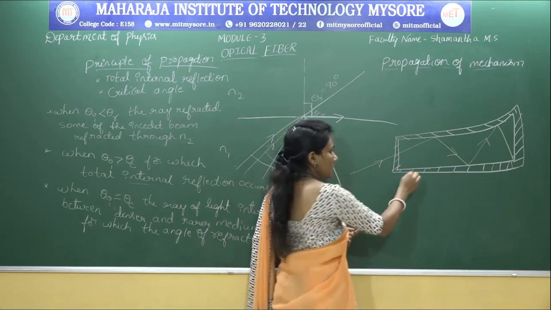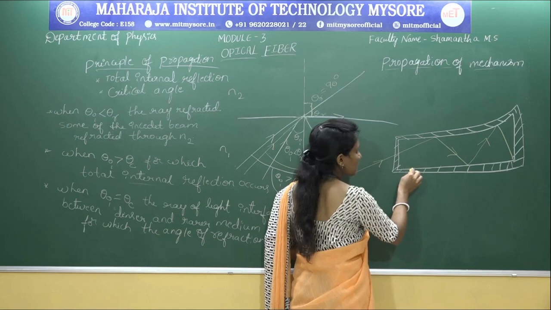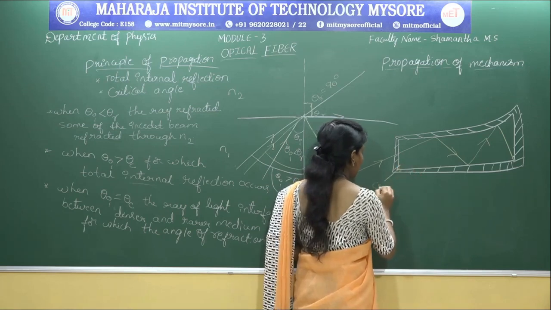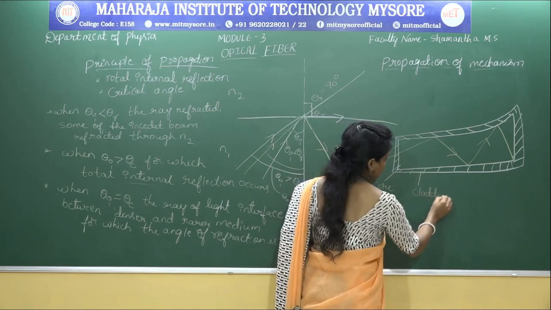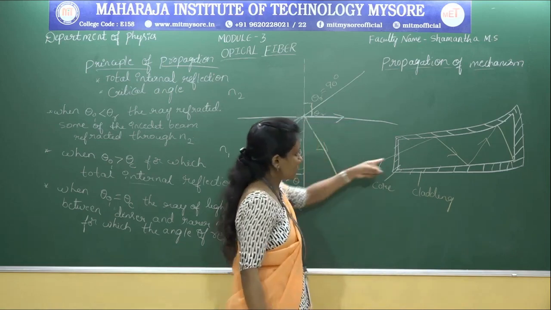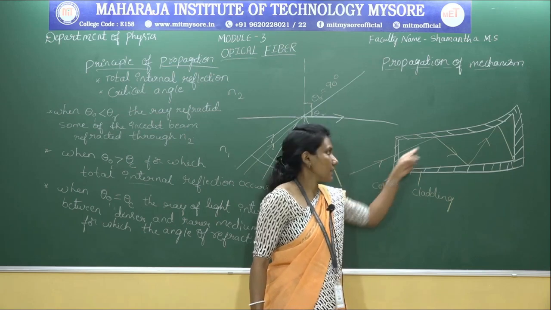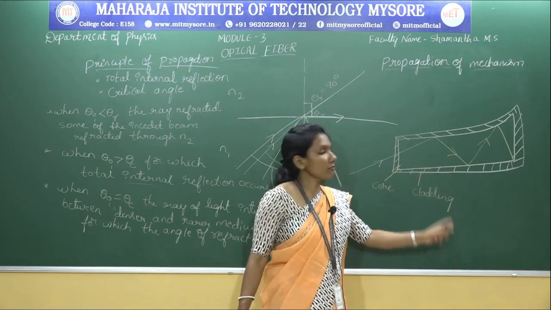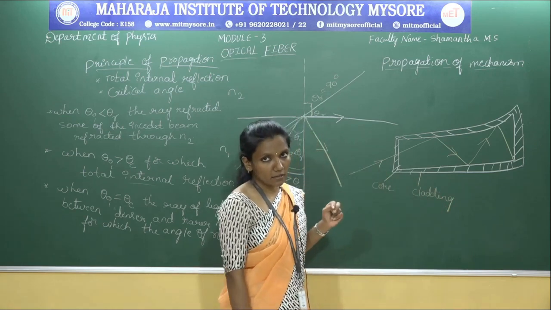This is the outer region, the inner core is the core, and the outer region is the cladding region. When the angle of incidence is greater than the critical angle, complete total internal reflection takes place. The ray of light will travel from one end to the other end.